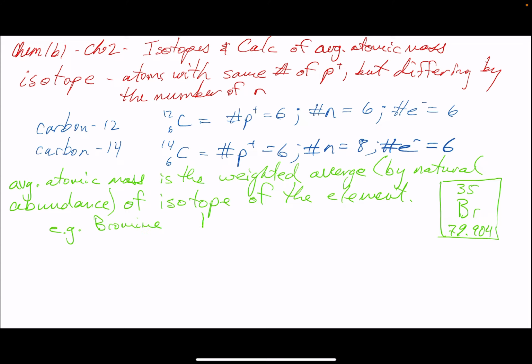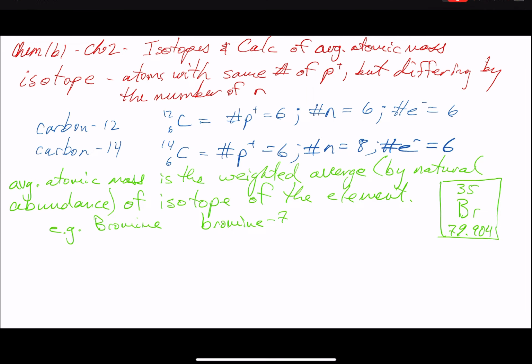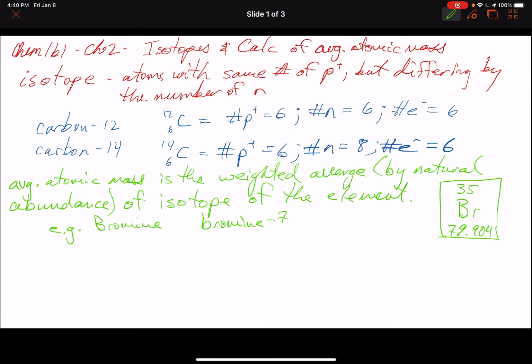And we have bromine 79. Sorry, let me correct that. And we have bromine 81. And the abundance for these is roughly 50-50, but let me put that with more detail here. The bromine 79 is 50.69% of all bromine.